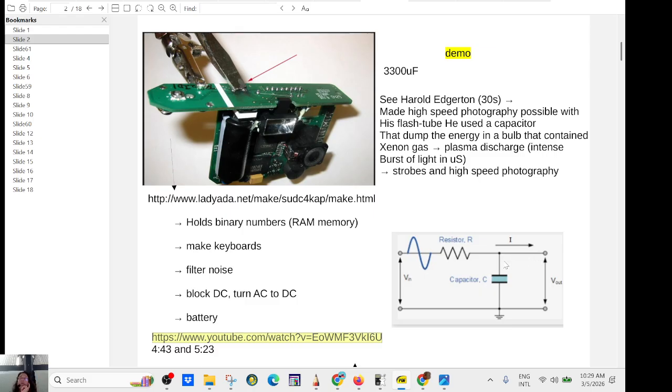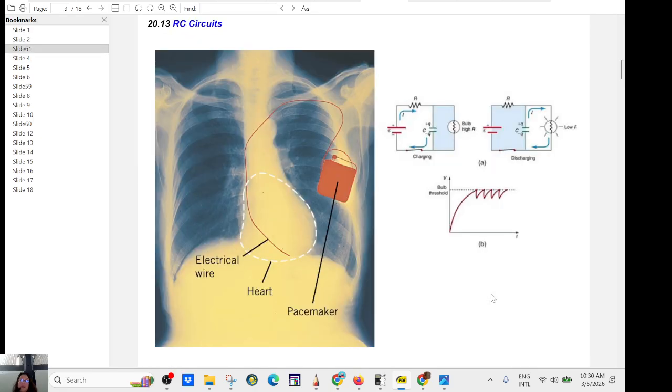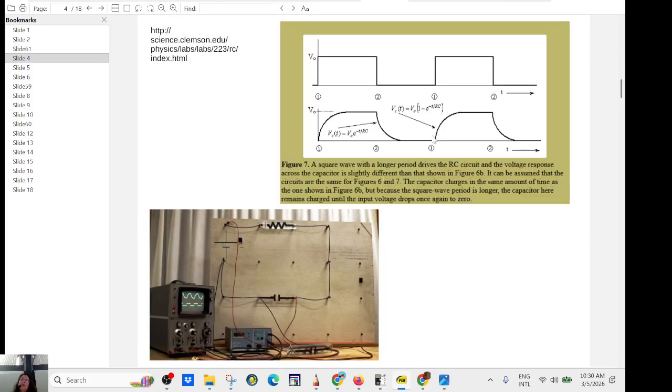A low pass filter means that you're going to remove the noise. You can also use it for the pacemaker because it will be a way to store energy and burp it out after that.